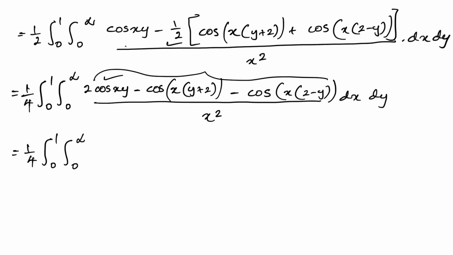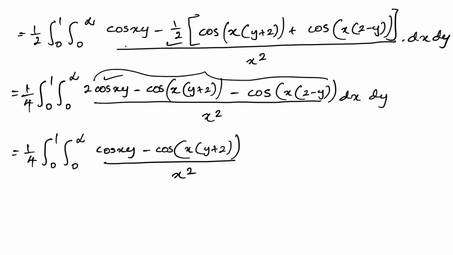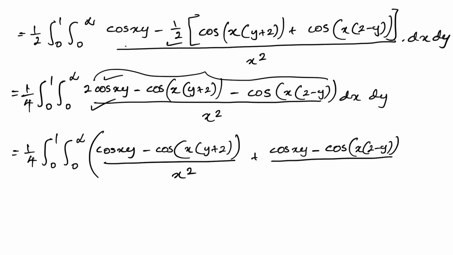Now we have 2 times cosine of xy, but I take 1 cosine of xy, then minus cosine of x times (y plus 2) over x squared, then plus, we have 2 times cosine of xy, so we have another cosine of xy, then minus cosine of x times (2 minus y) over x squared, then dx dy.